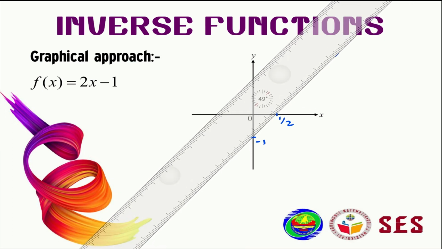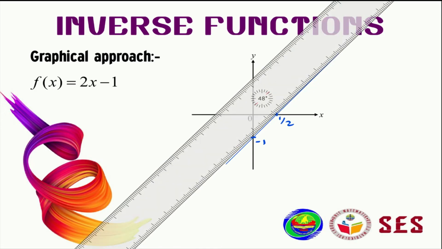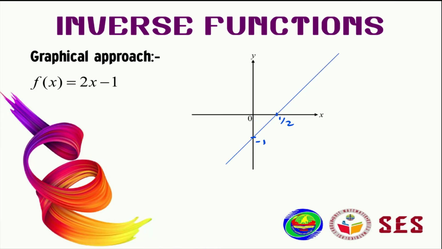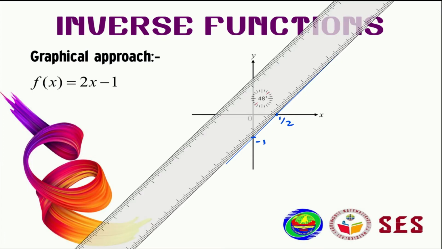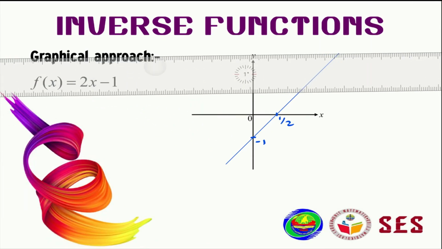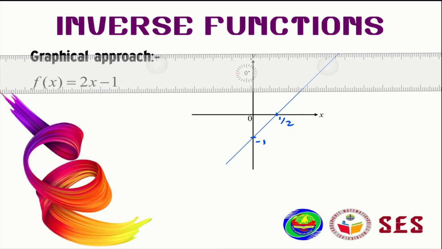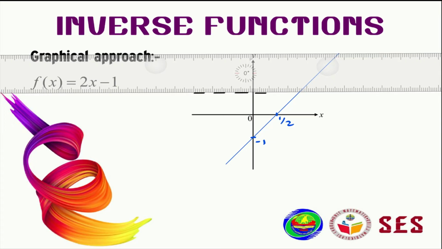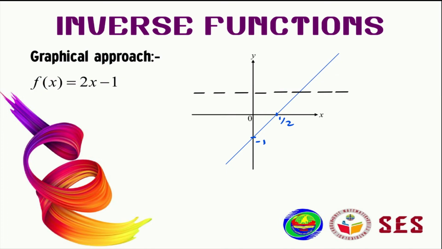Now we need to do the horizontal line test. It needs to be sketched as a dashed or dotted line, for example like this, anywhere on your graph. We can see that this horizontal line only cuts the graph at one point. Let us do the conclusion.